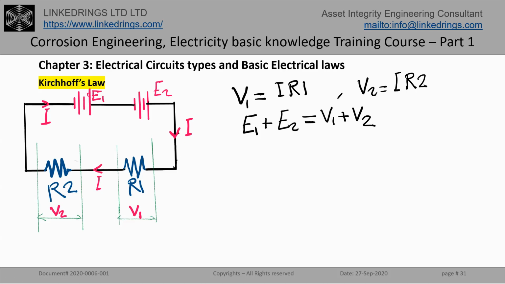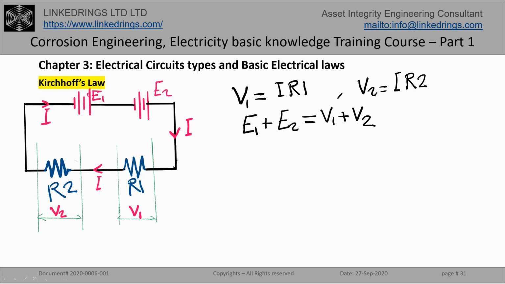The current passing through the resistance, I times R1, will equal the voltage drop across this resistance, by Ohm's law, correct? V equal to IR1. This is V1. The voltage drop across the second resistance will equal I times R2. So V2 equals I times R2.